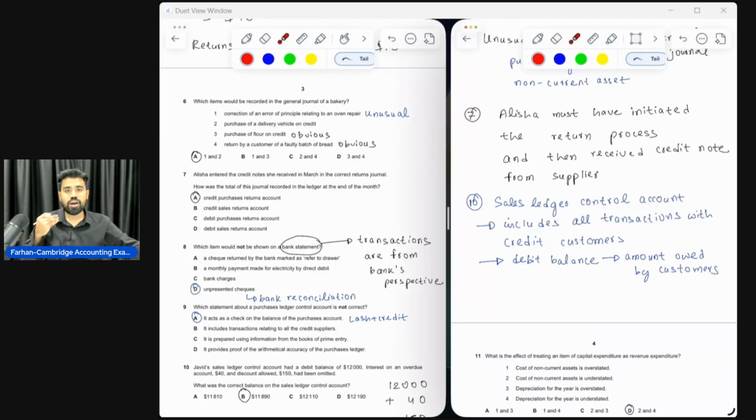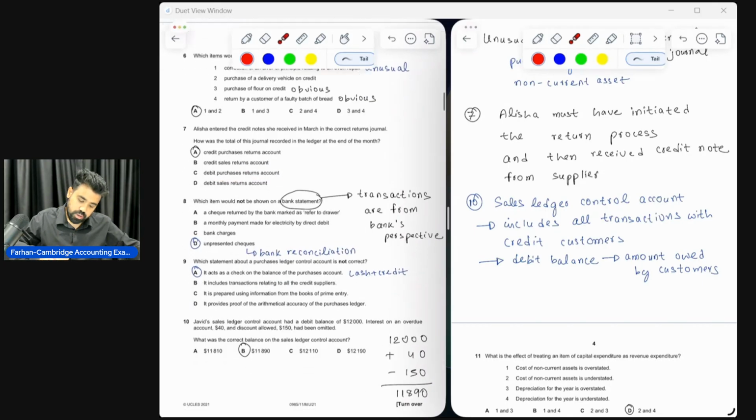But now that we are initiating returns and the returns have been processed and confirmed by the supplier, we have to include this in the account for purchase returns, which should definitely be opposite to what we do when we buy inventory. Therefore, we would credit purchase returns, all right? So we are crediting the purchase returns account in the books of Alicia.